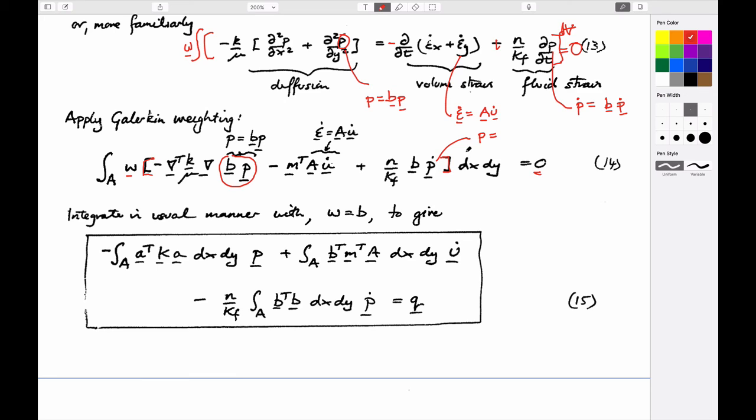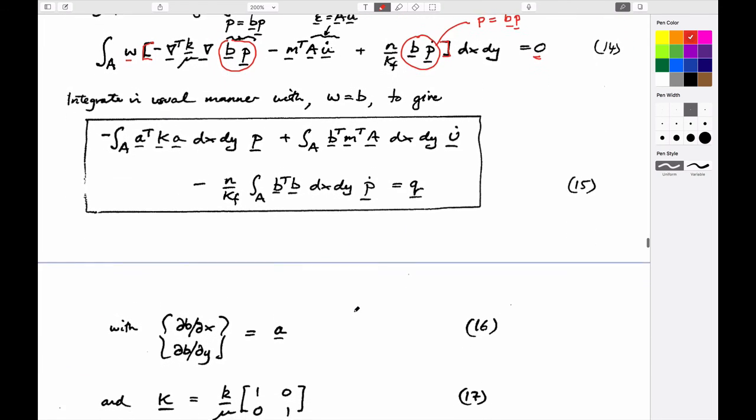So we make this substitution that this here is equal to this. So we've made substitutions for continuous values of pressures and strains, which are continuous in the system, to ones that are determined in terms of displacements at the nodes of our elements and pressures at the nodes of the elements, and we've made this substitution in here. And so once we've made those substitutions, this equation 15 is the final expression.